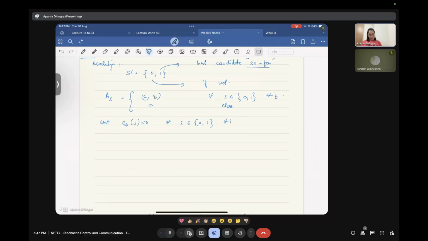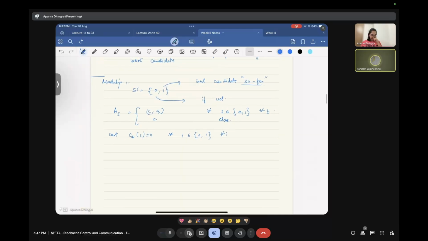Now let's say the problem is, in this definition, is something missing? Like A(S) is equal to C comma Q for all S belongs to 1 only, right? No, no. Whether the candidate is chosen or not, no, sorry. This S tells us if the candidate is the best so far or not.